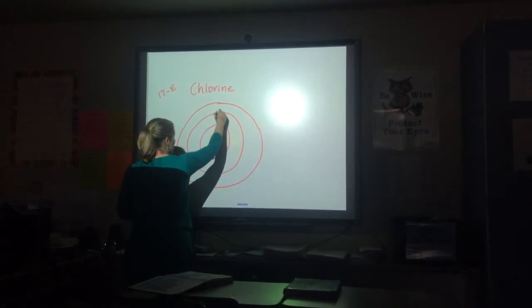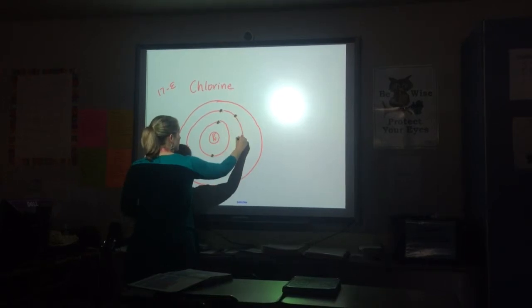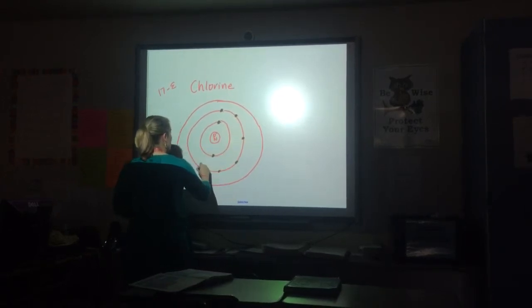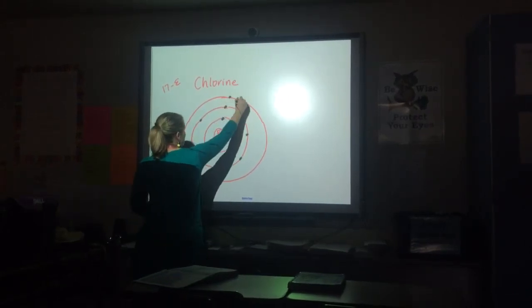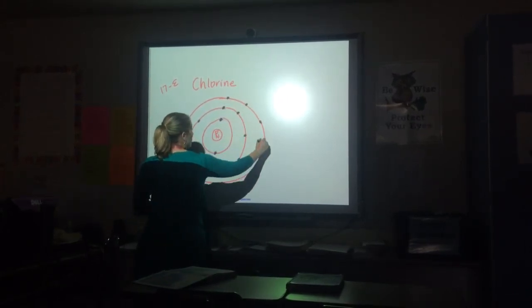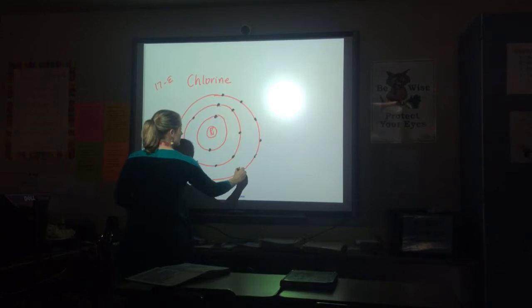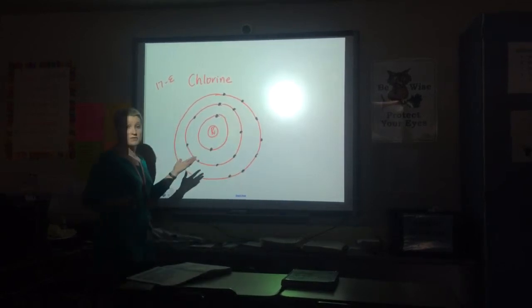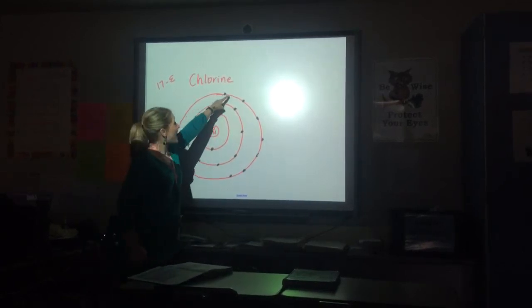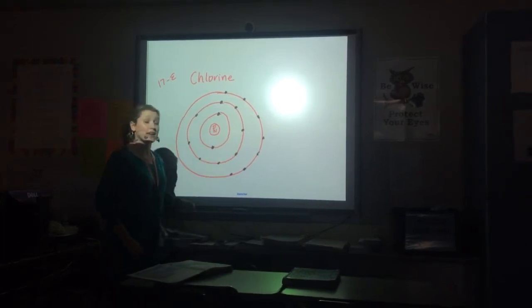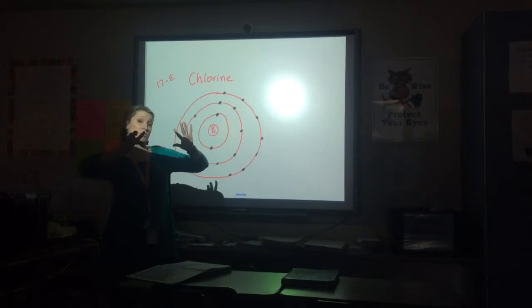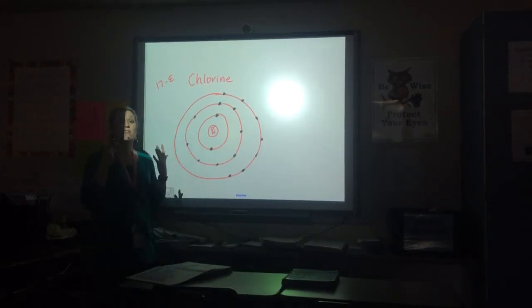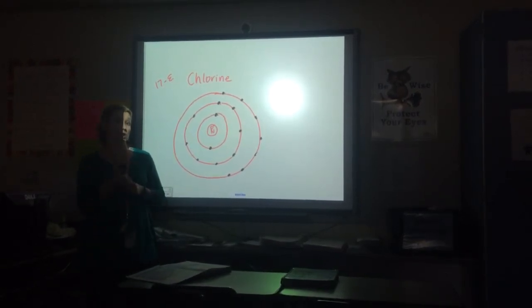This one's got 8. 1, 2, 3, 4, 5, 6, 7, 8. And this one's going to have 7. 1, 2, 3, 4, 5, 6, 7. To make a total of 17. Now, this outer valence shell here can only have max of 8. And because it's got 7, okay, it's one more away from having 8, a full outer valence shell.